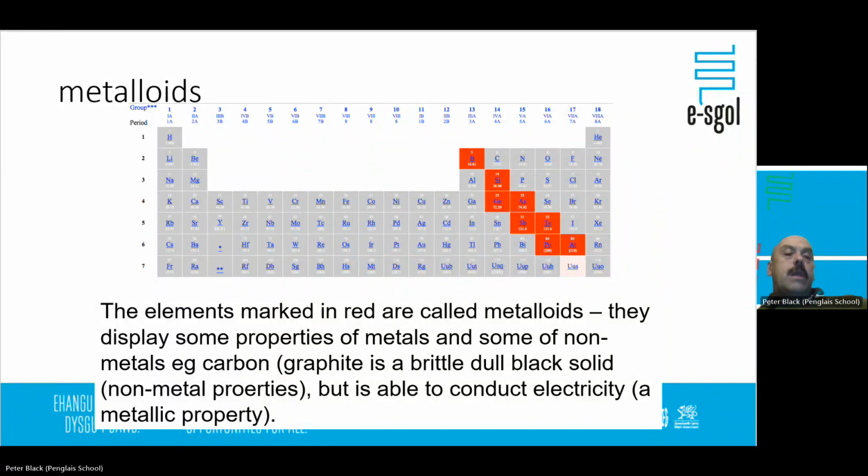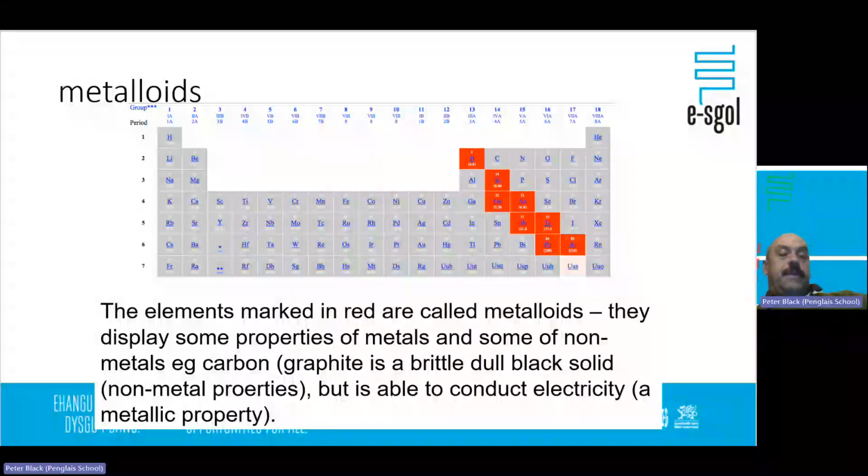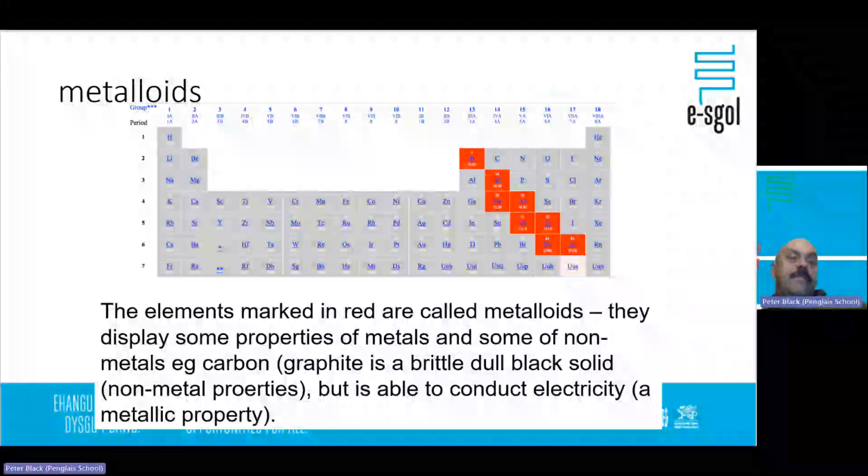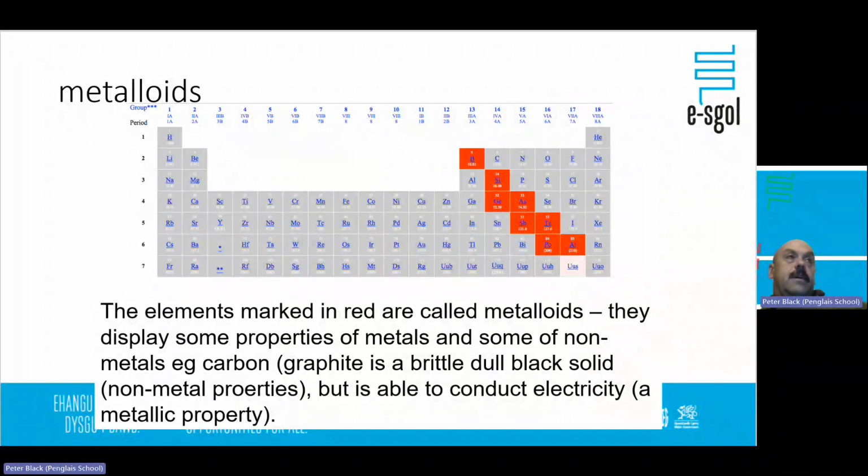Okay. So what's a metalloid? Well, it's pretty obvious what a metalloid is. It's something that's like a metal, but not a metal. So we say that they've got the properties of a metal, but they've also got the properties of a non-metal.